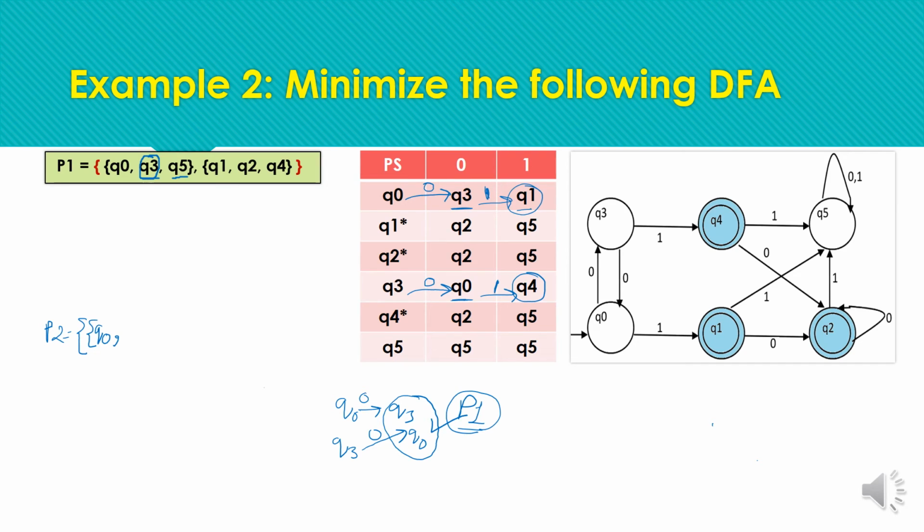Let's check the group of Q1 and Q4 in partition 1. We can easily check that Q1 and Q4 are part of the same group in partition 1. So Q0 and Q3 are compatible for both input symbols, 0 and 1. So we can write Q3 in the same group as Q0.